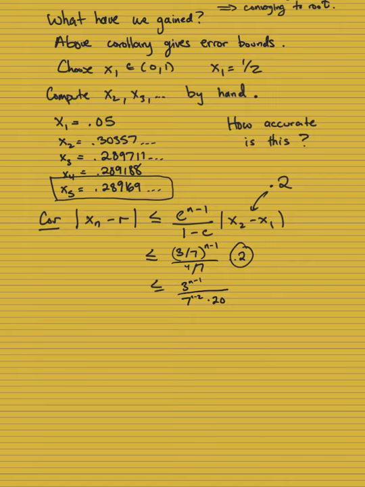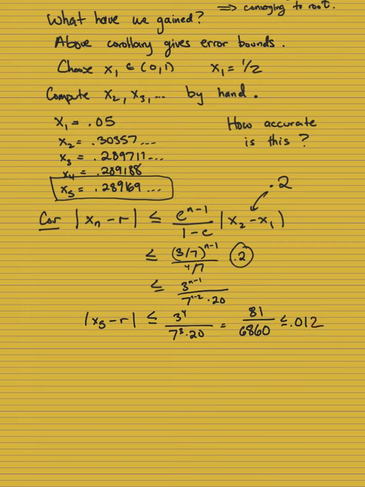Okay, so therefore, x_5 minus the root is less than or equal to 3^4 over 7^3 times 20, which is 81 over 6860, which is less than 0.012.